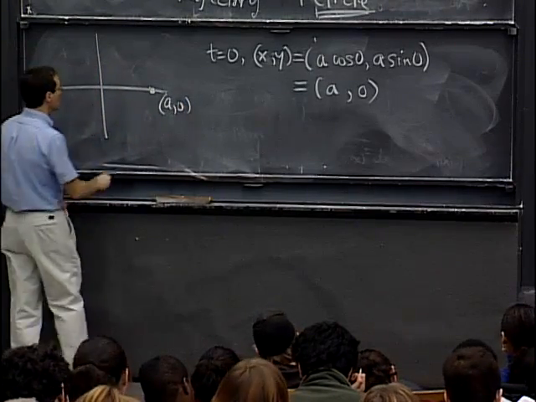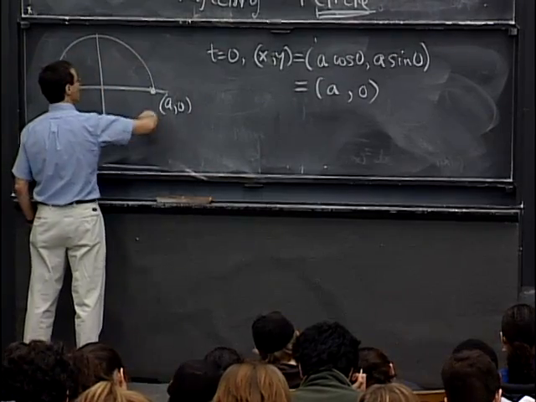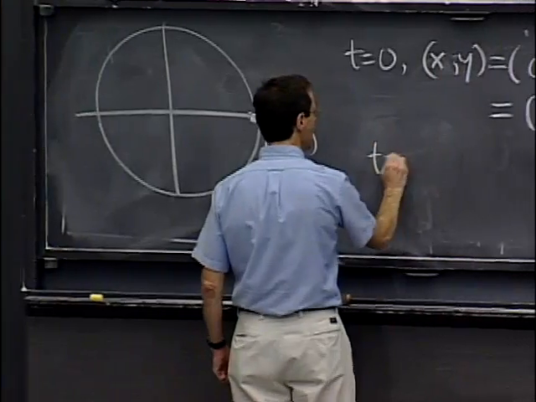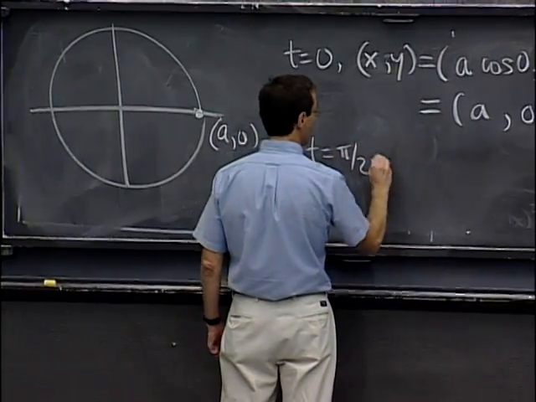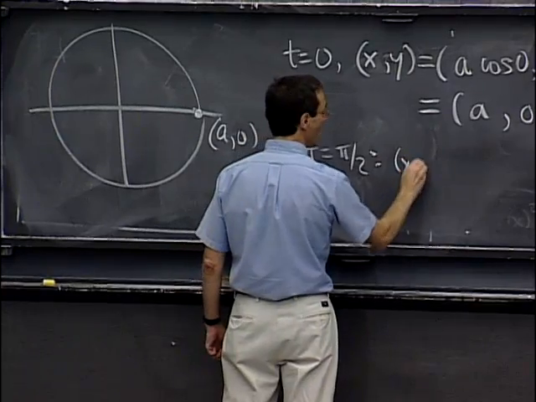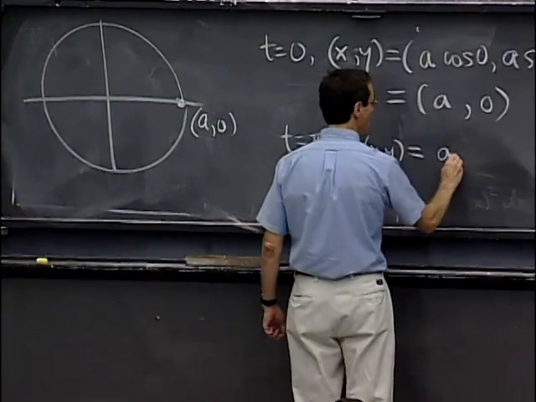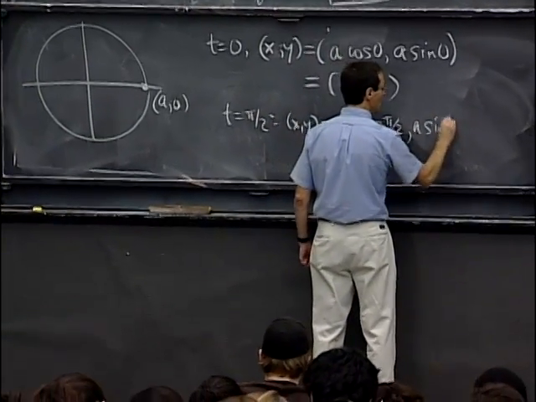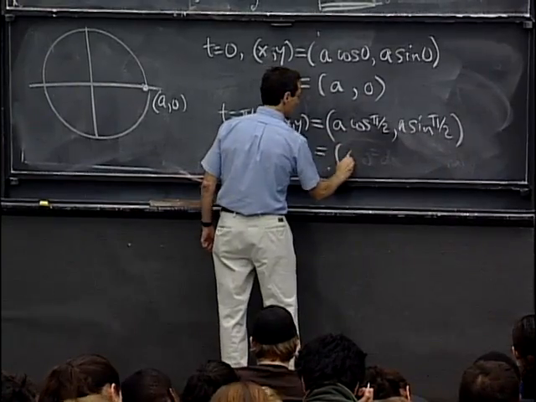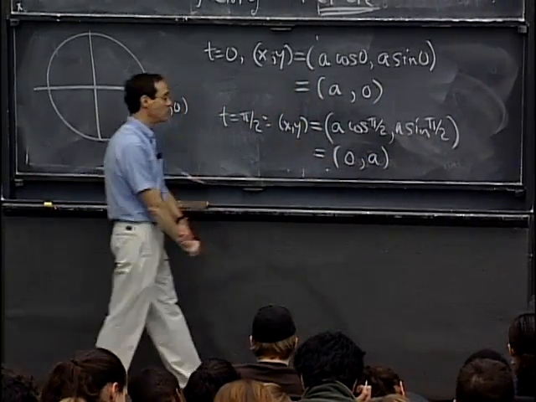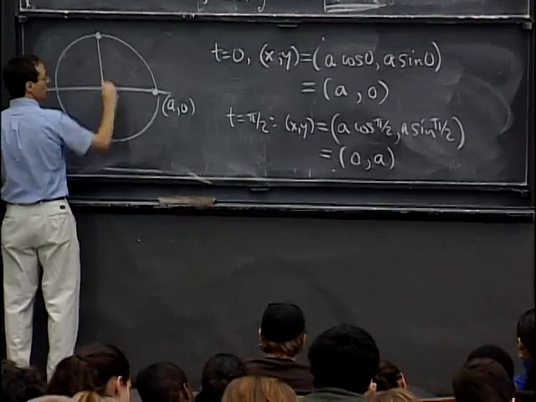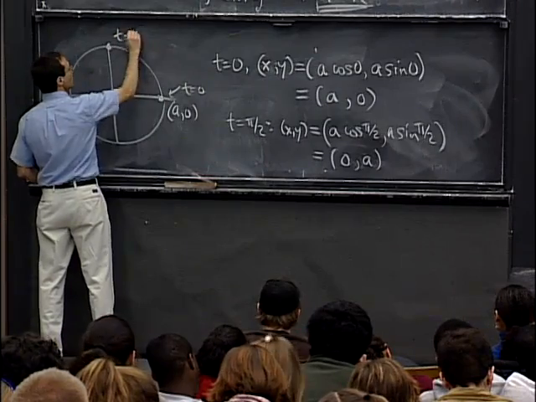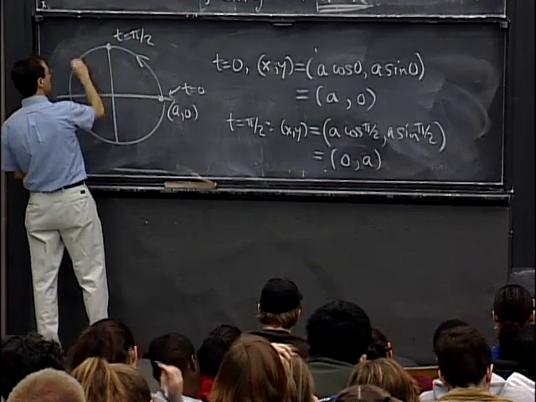We know that it's the circle of radius a, so we know that the curve is going to go around like this somehow. So let's see what happens at t equals pi over 2. At that point, we have x, y equal to a cosine pi over 2, a sine pi over 2, which is 0, a, because sine of pi over 2 is 1. So that's up here. This is what happens at t equals 0, this is what happens at t equals pi over 2, and the trajectory clearly goes this way.